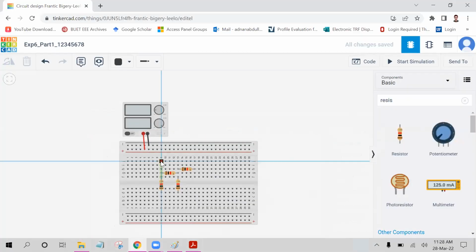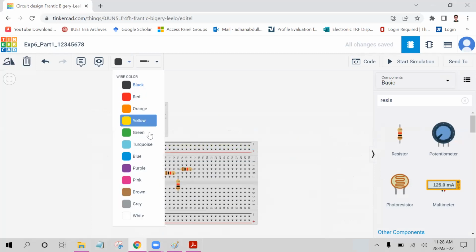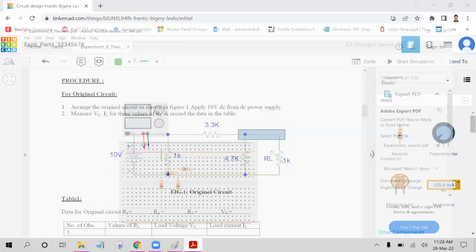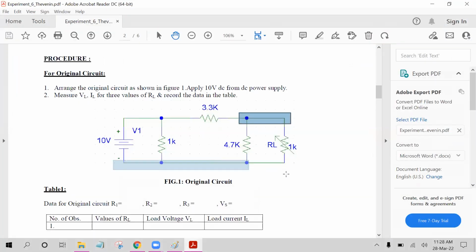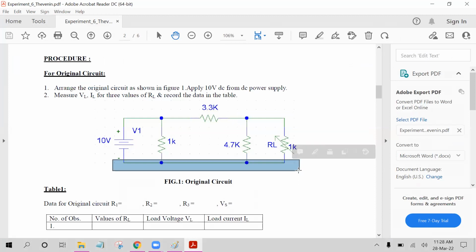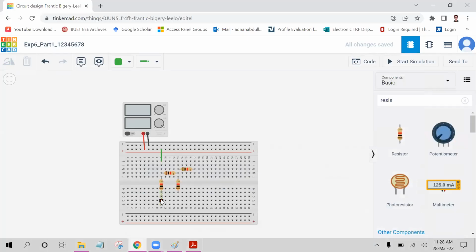So what I'm going to do is connect this part with the positive terminal using a green wire, and with the negative terminal we have to connect all these three terminals, all the three resistors, right? So what we can do is first we can short these two terminals, and then we can short this one, and then we can connect it to the negative terminal.